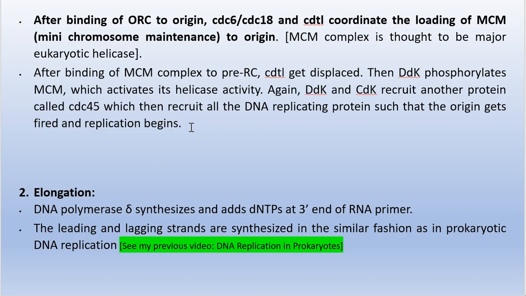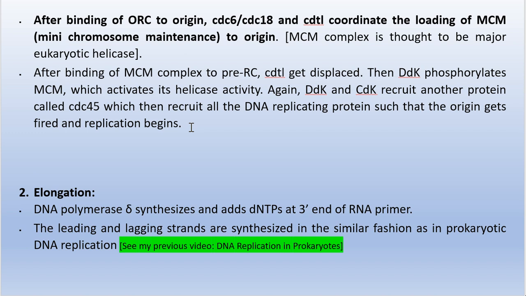Now, after binding of ORC to the origin, CDC6, CDC18 and CDT1 coordinate the loading of MCM, that means minichromosome maintenance, to the origin. This MCM complex is thought to be the major eukaryotic helicase enzyme. After binding of the MCM complex to pre-RC, CDT1 gets displaced.